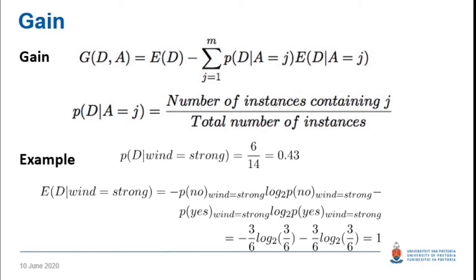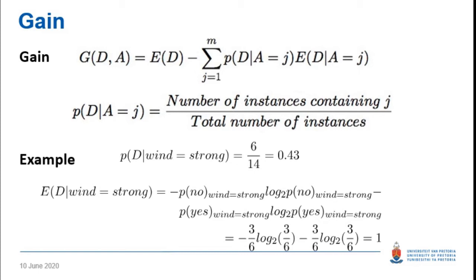If you look at the attribute wind with a value of strong, you count the number of instances in the data set that have a value of strong for wind. In this case, we've got 6 out of 14, which gives us a probability of 0.43.